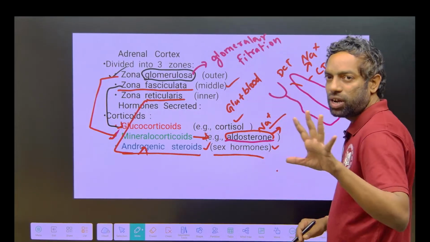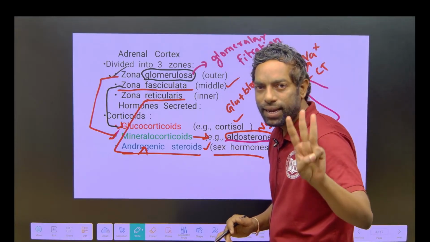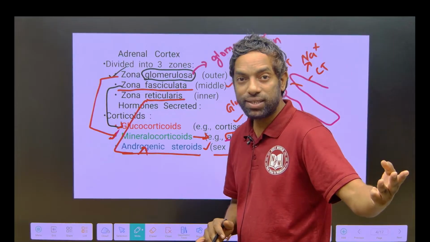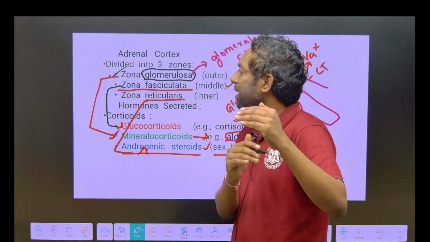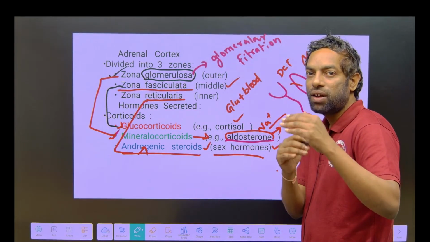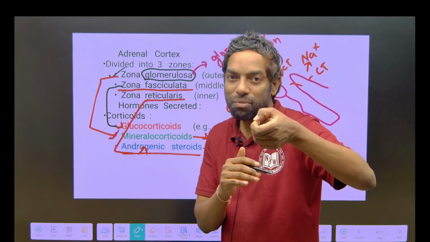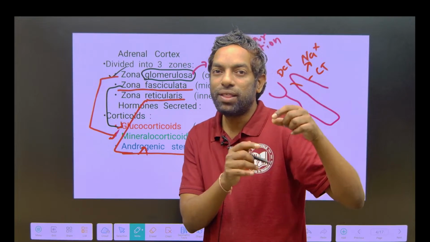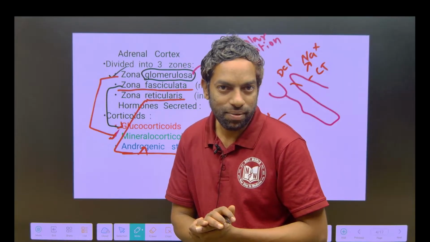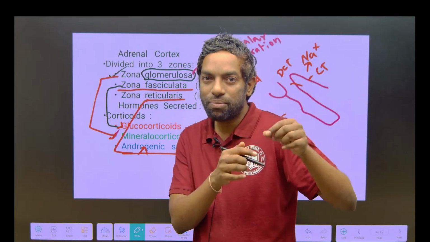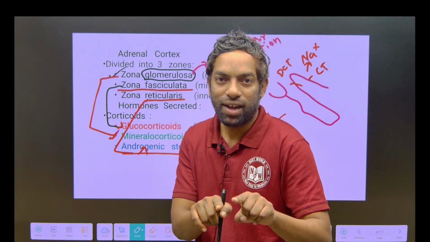In the adrenal cortex there are three regions; the adrenal medulla is different. In the cortex there are three different zones: zona glomerulosa, zona fasciculata, and zona reticularis. Glomerulosa is relevant to the nephron, where sodium reabsorption takes place in the DCT and collecting duct under the hormone aldosterone.